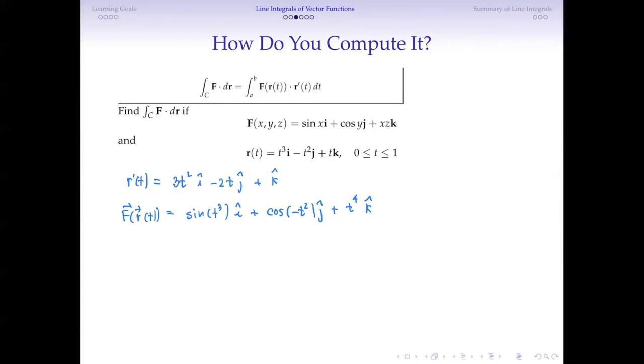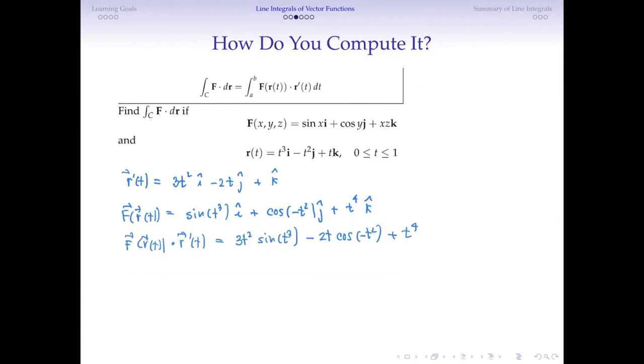And now I'm supposed to form the dot product of these two vector functions. So f of r of t dot r prime of t is going to equal 3t squared sine of t cubed minus 2t cosine of minus t squared plus t to the 4th. So that's the dot product.